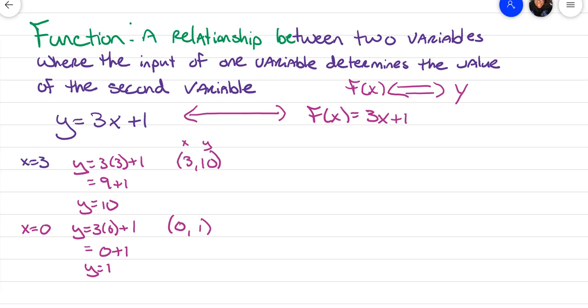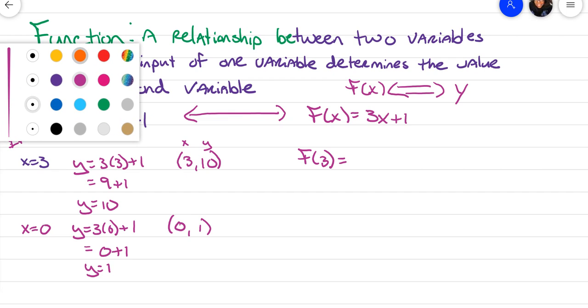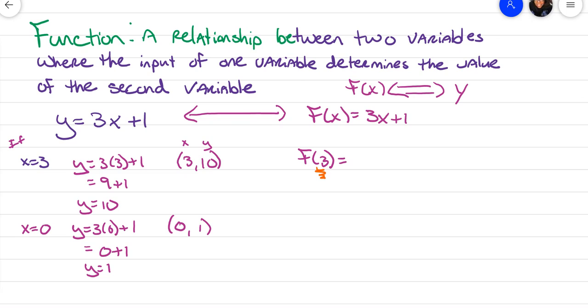The only difference is that when it's in function notation, it won't say, like, if x equals 3, what's y? It'll just say f of 3. If you see f of 3, that means you want to plug in x, which in this case is 3, into the function.